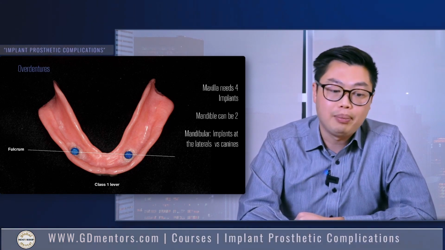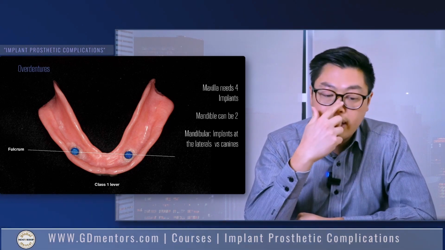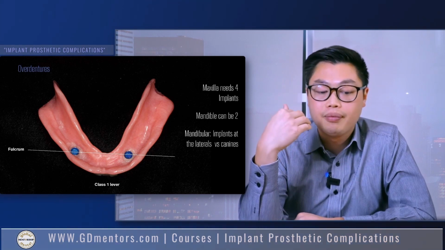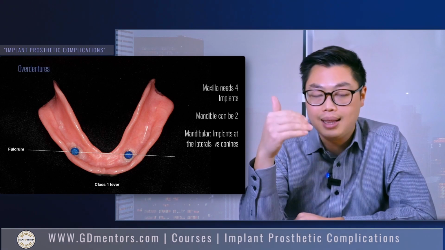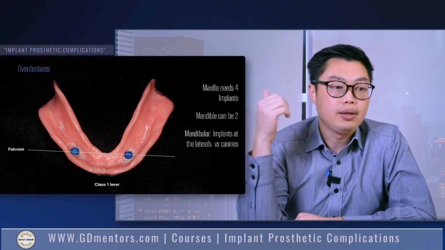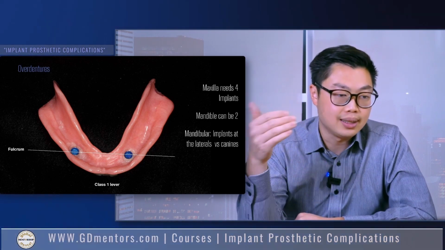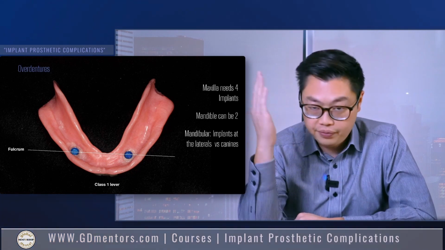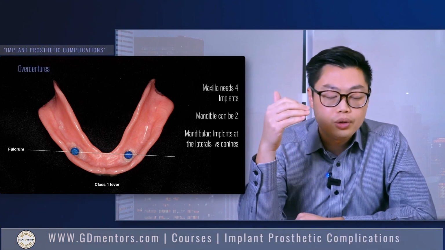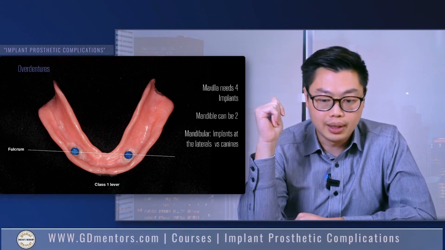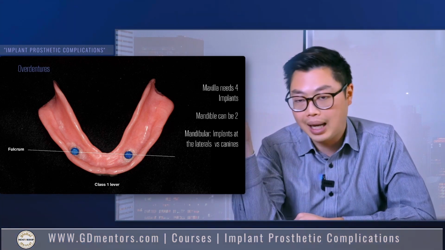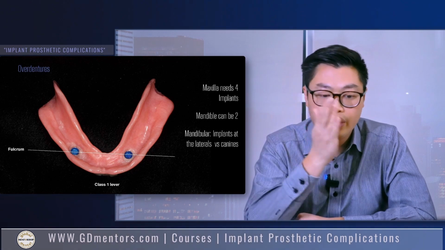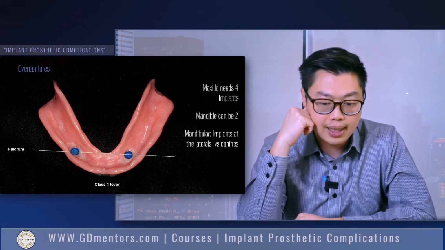One is if the implants are in the lateral positions, there's usually enough bone and space between that implant and the mental foramen. If the patient later decides to do fixed, 2 more implants can be done posteriorly. That's a major benefit. If the implants are on the canine sites and they say, look, I want to do fixed, where are you going to position the distal implants? It's a problem.